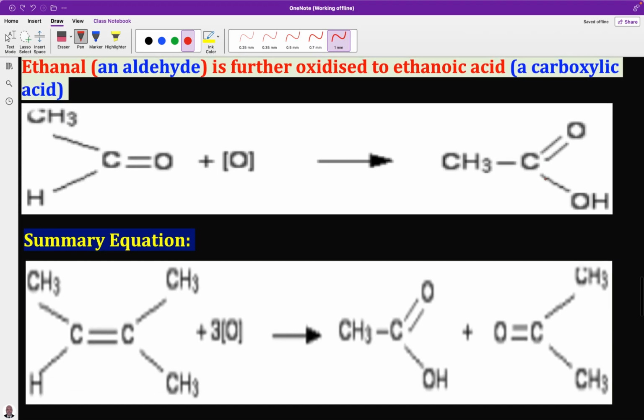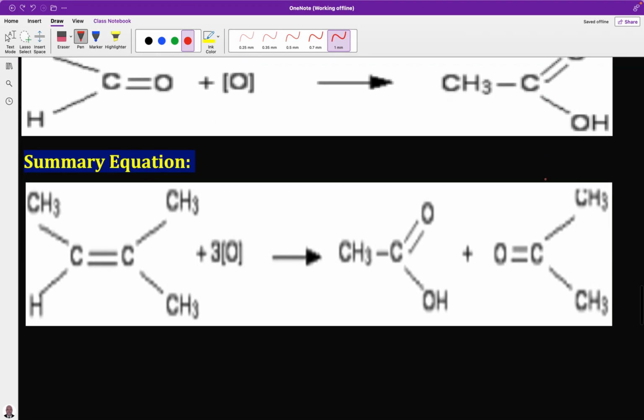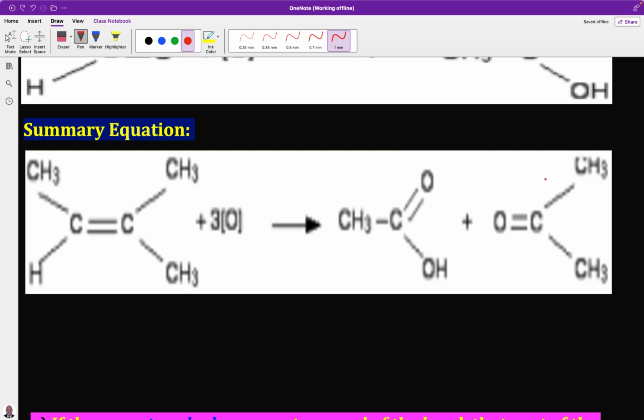We can summarize our former equation: when there is a breakage here, this part of the molecule, which is ethanal, is finally oxidized to the carboxylic acid, and this part of the molecule remains. So this is a summary of the reaction.